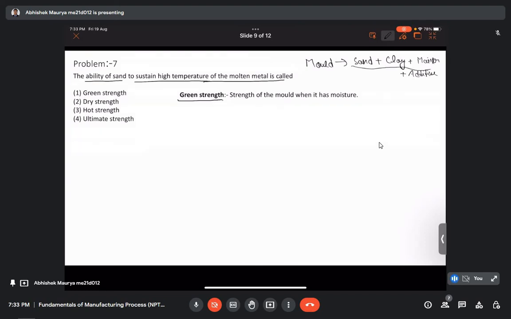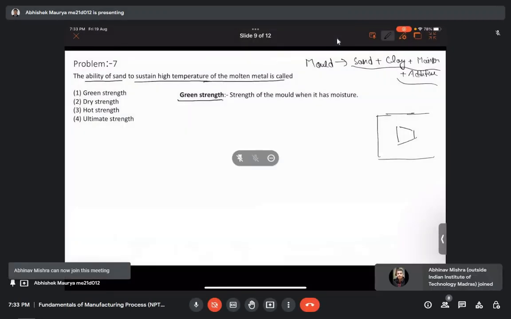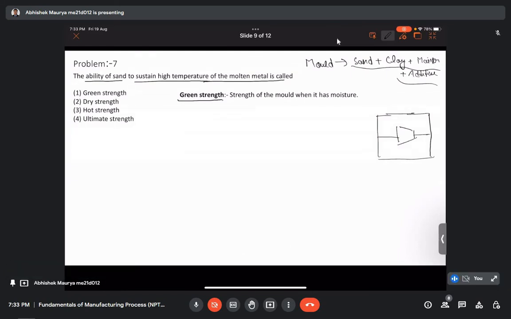We mix all of them and we try to make a mold. Here I have drawn just a rough schematic of a mold. This is the very freshly prepared mold.